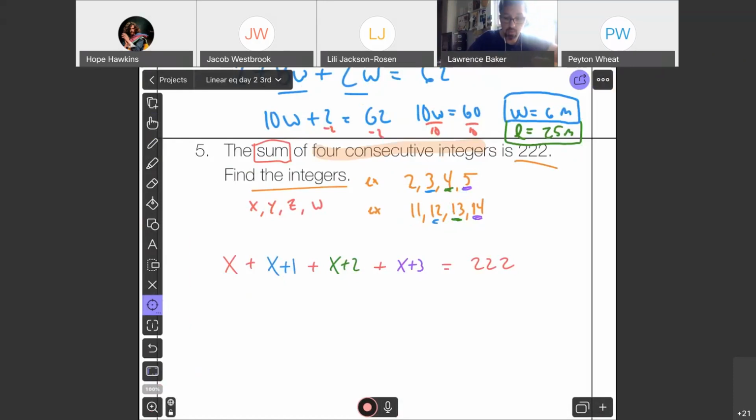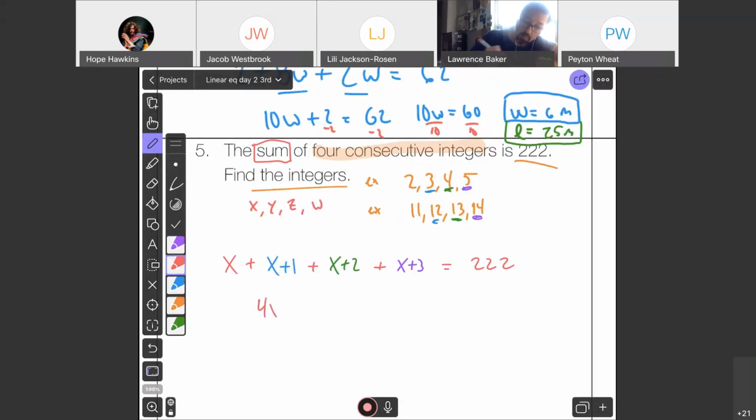Well, how many x's do we have? 4. What do our constants add up to? 6. So we have 4x plus 6 equals 222.